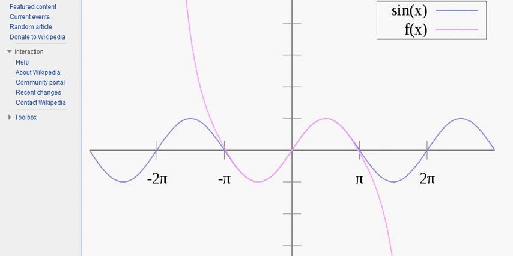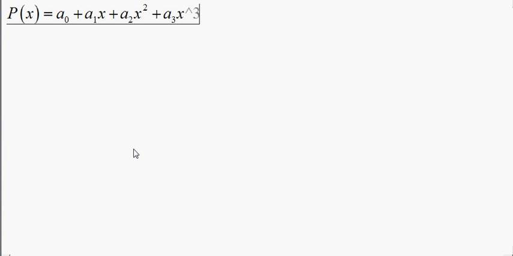So what does that mean? How are we going to do that? Well, our polynomial, we're going to write p of x is equal to a0 plus a1x plus a2x squared plus a3x to the third plus dot dot dot.